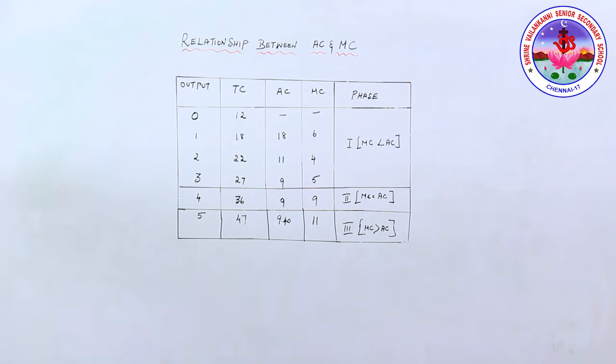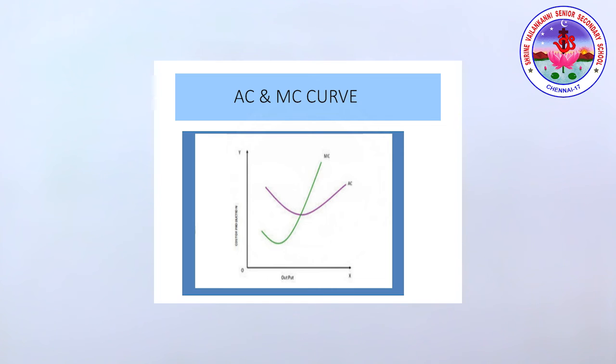Now let's see this with the diagram explanation. In the diagram, when MC is less than AC, AC falls with increase in output till the third unit of output. When MC equals AC, that is, when the MC and AC curves intersect each other at point A, the AC is constant at its minimum point.